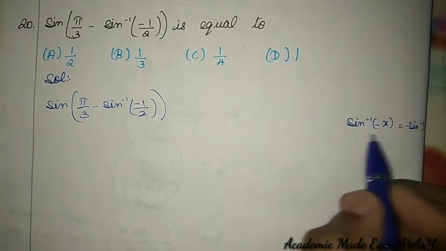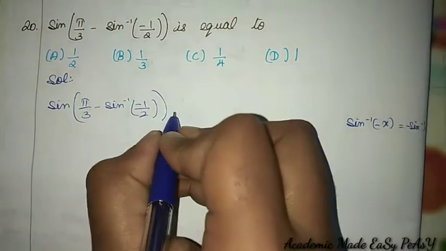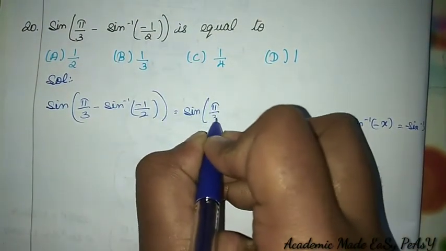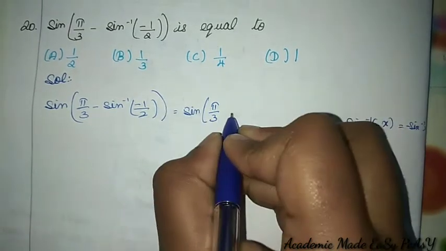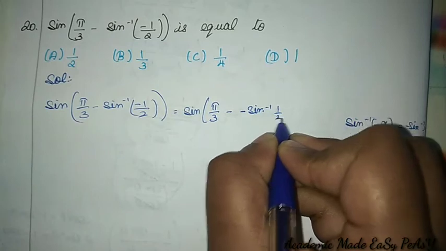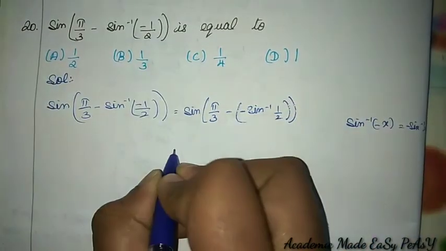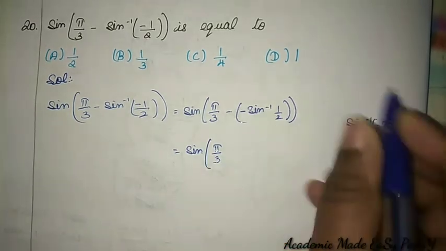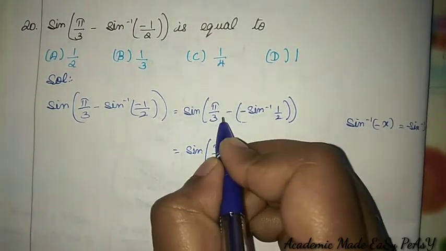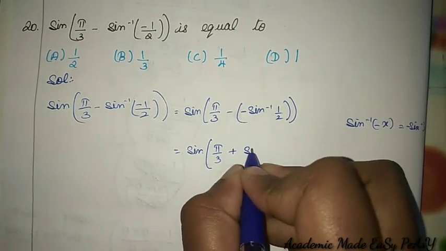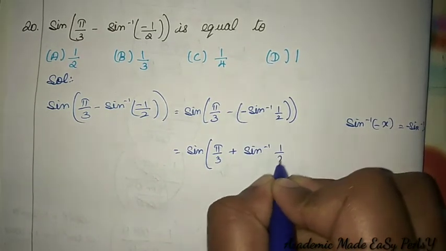No, so therefore we will be applying that and saying that sine of pi by 3 minus, so minus sine inverse 1 by 2. Okay, so I have applied this formula, so only I'm getting minus of minus. So minus of minus is plus sine inverse 1 by 2.